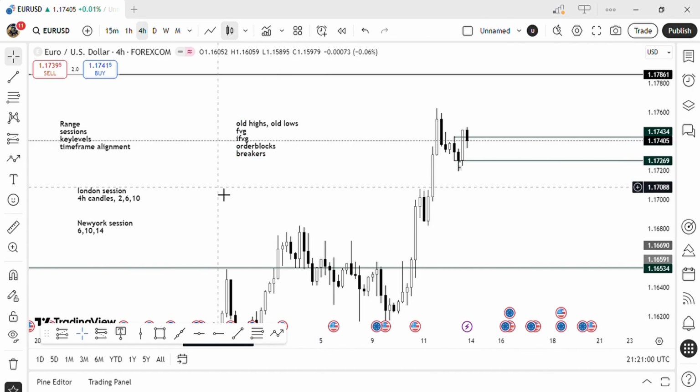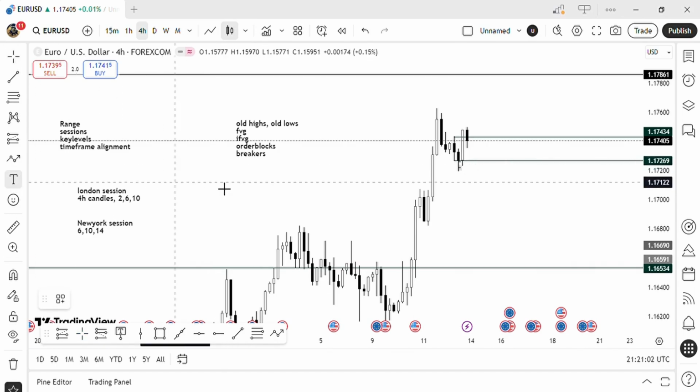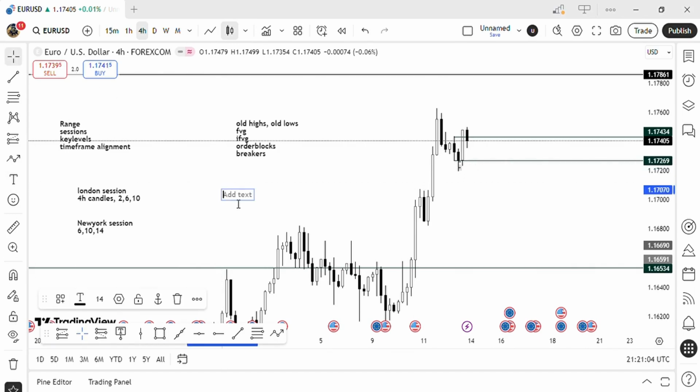Let me put it together. Let me name it twin key levels. Under the twin key levels, you could have your inverted fair value gap aligning with your fair value gap. It's a twin key level.